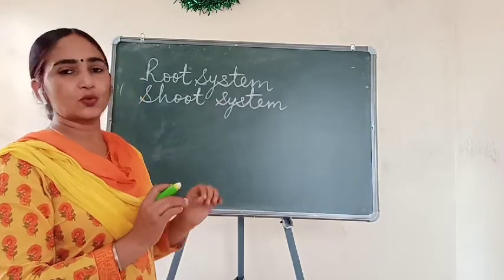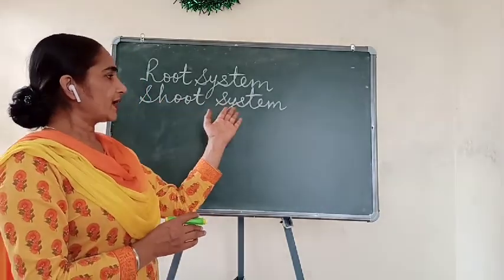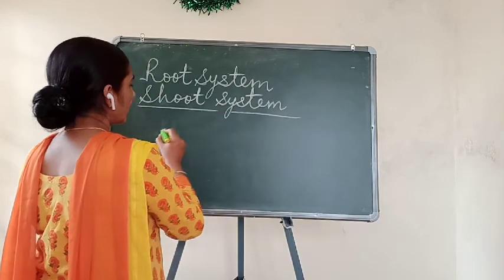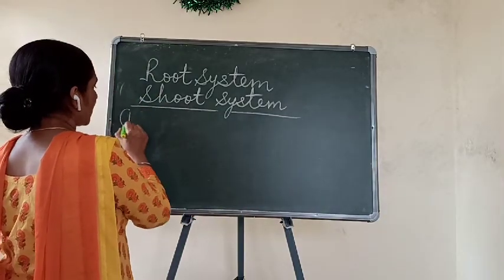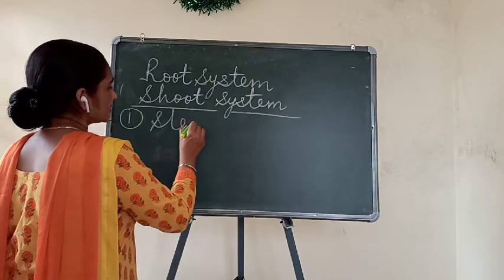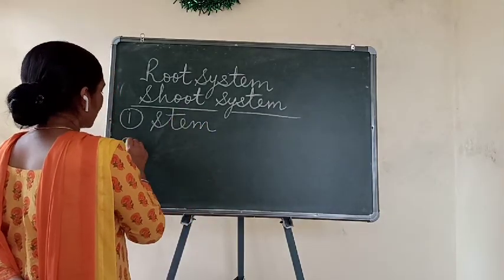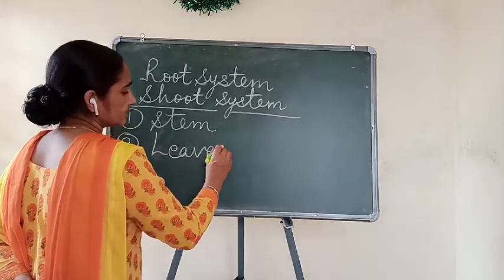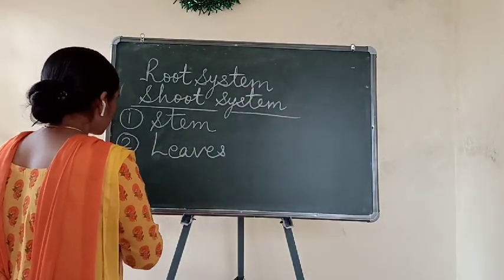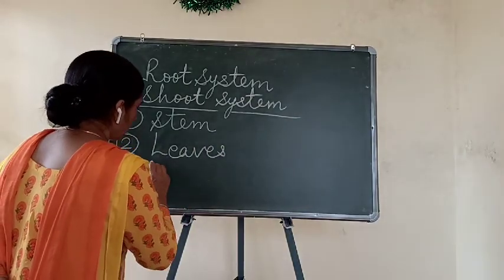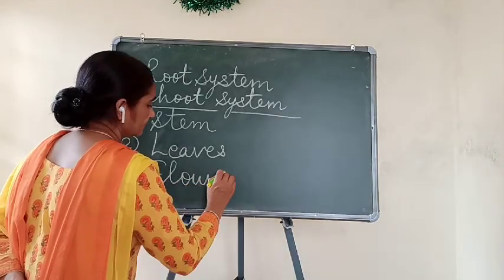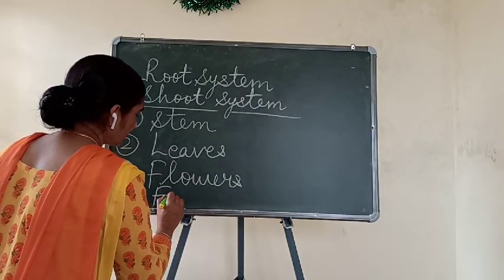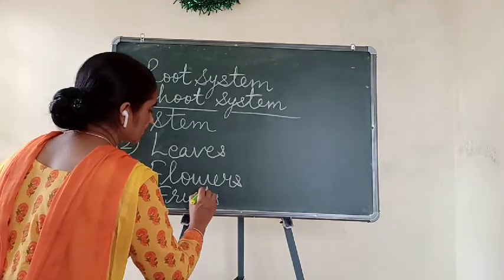Under this shoot system also, there are many parts. So today we will study its various parts. The first part is called stem, the second part is called leaves, the third part is called flowers, and the fourth part is called fruits.